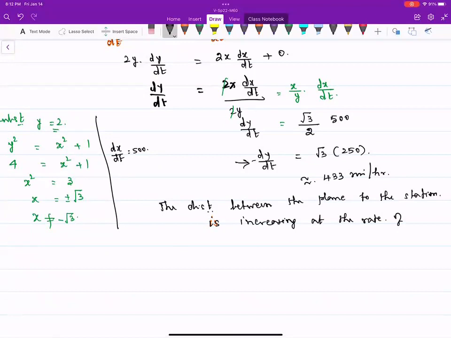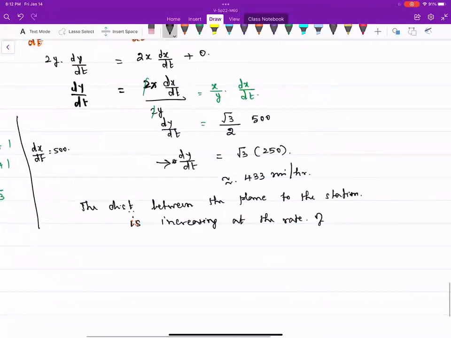Because it is dy by dt, a derivative. You are using the derivative, which means rate of change. At the rate of 433 miles per hour.